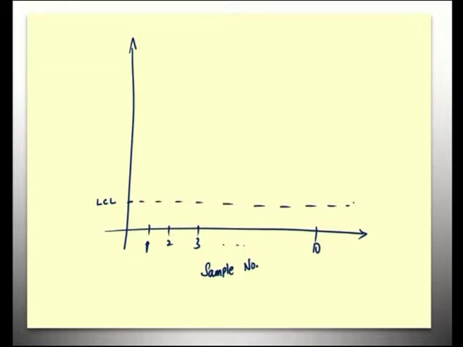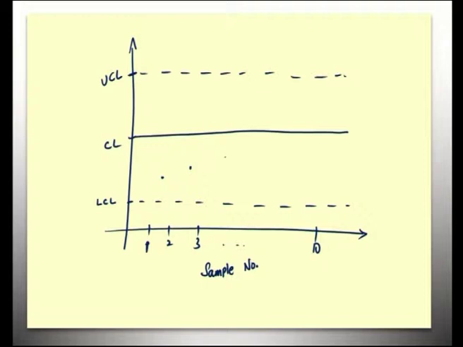It is drawn with dotted lines, and similarly UCL is plotted here, and a horizontal line is drawn at the UCL value. Then CL is drawn with a dark and bold line, and the sample points are plotted like this.